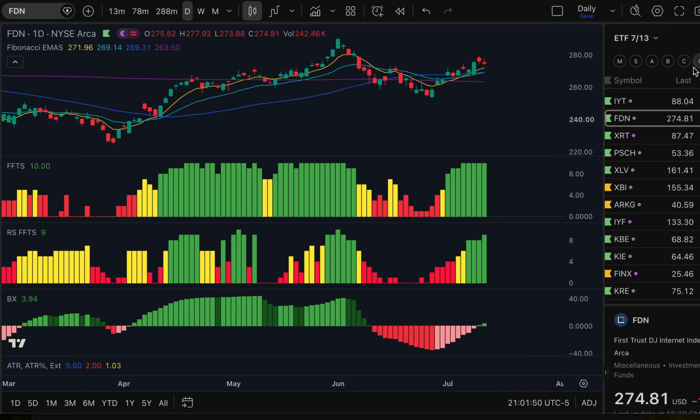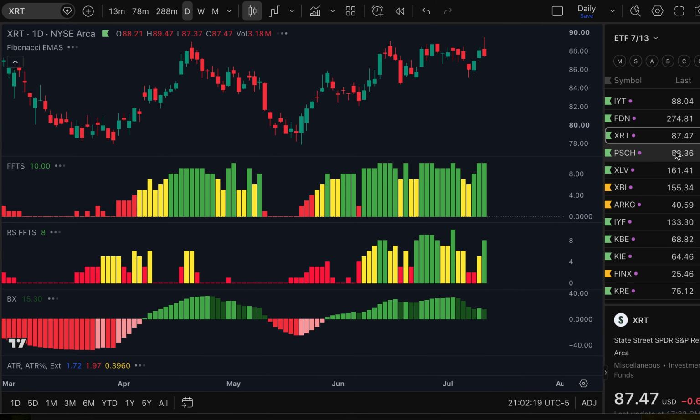Some stocks that I'm in, I've got Reddit and Match.com are two ways that I'm playing the strength in the internet sector. I don't think those are necessarily holdings of FDN, but they're kind of in the same space.